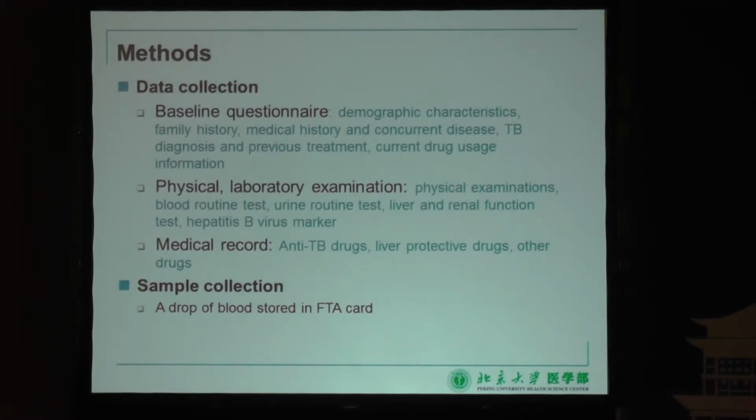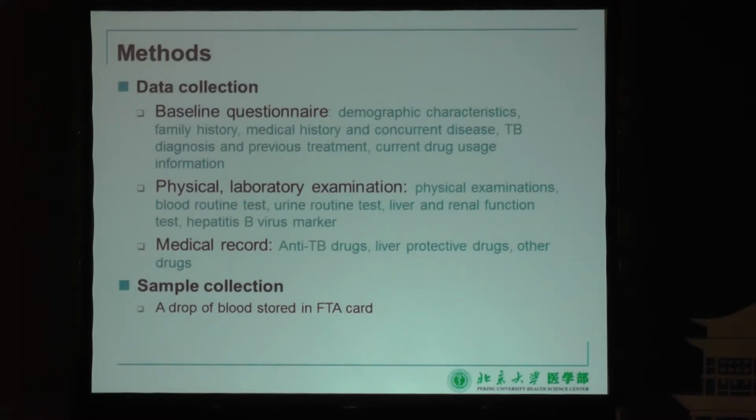At enrollment, eligible patients were interviewed with a questionnaire that collected information on demography, medical history, comorbidities, diagnosis of tuberculosis, previous anti-TB treatment, and current use of medication. During the study, the patients were asked to take a list of physical and laboratory examinations before the initiation of treatment and repeat the examinations after 1 to 2 months of treatment.